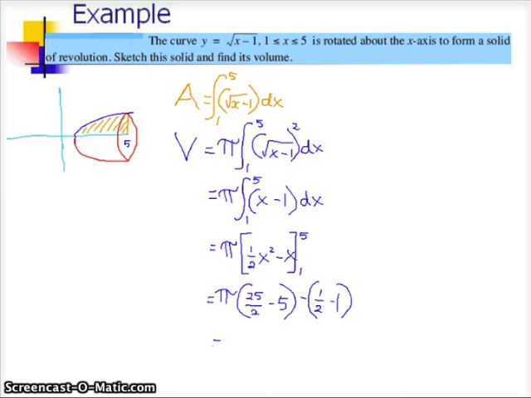Okay, so this gives us pi. 5 is 10 over 2, so we have 25 over 2 minus 10 over 2, it's going to be 15 over 2, minus, and we've got a half minus 1 is negative a half.